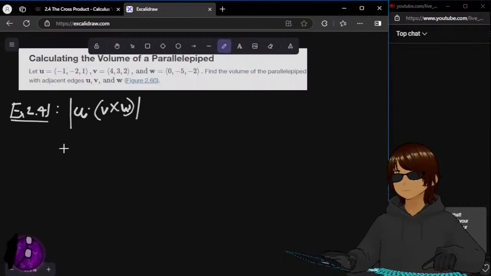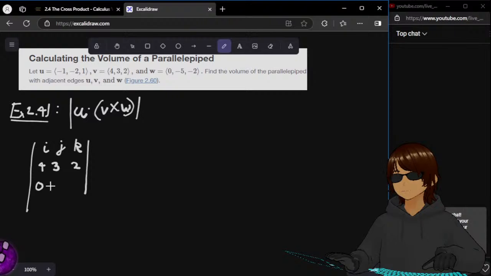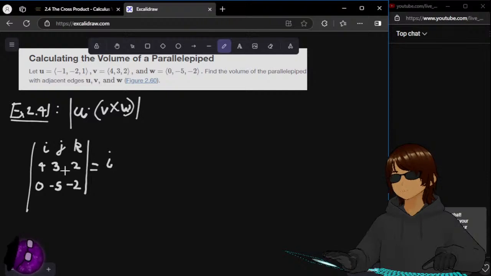So if we have i, j, k, 4, 3, 2, 0, minus 5, minus 2, this gives i: 3 times minus 2 is minus 6, minus 5 times 2 is 10.